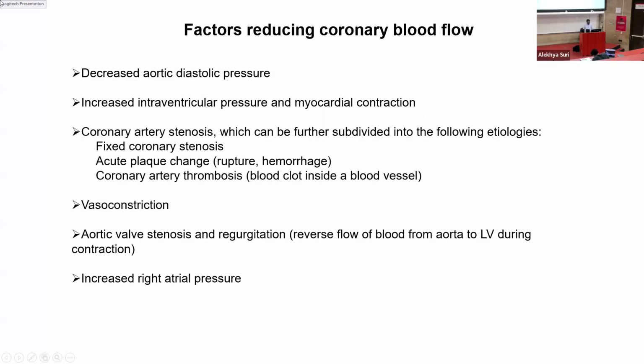So other than atherosclerosis, there are other factors which can also reduce the coronary blood flow. The first one is decreased aortic diastolic pressure. The aorta also contracts during the cardiac cycle. Once the ventricle contracts, the blood will be pumped into the aorta.